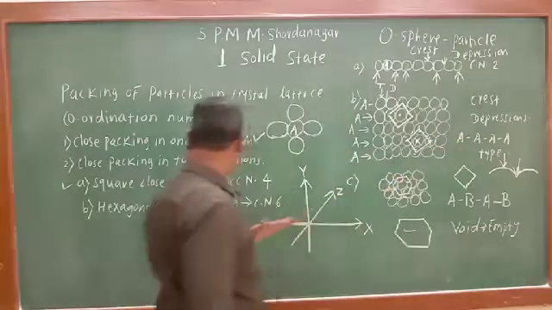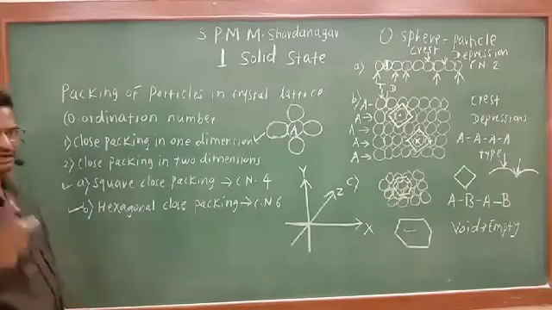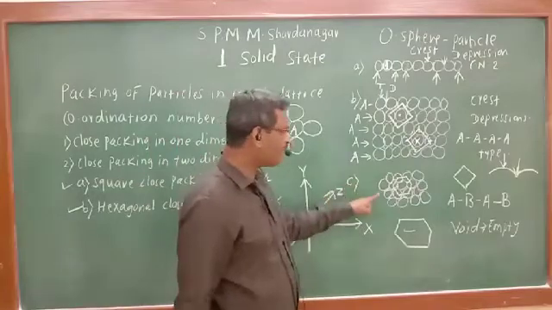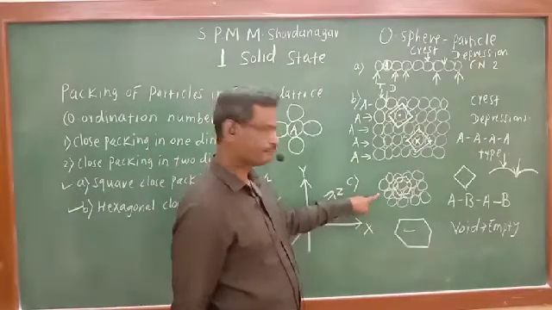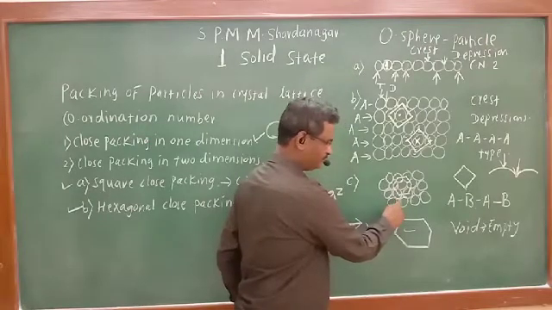Now one more arrangement, hexagonal close packing arrangement, where coordination number is 6. See how that takes place. Here in this arrangement, see the trough or depression.